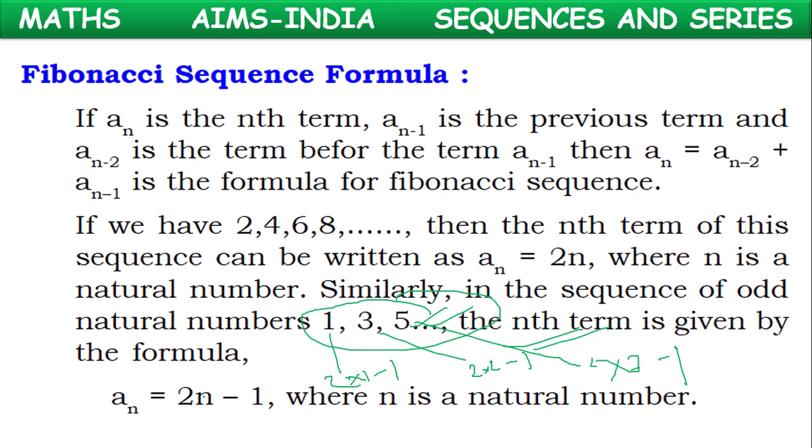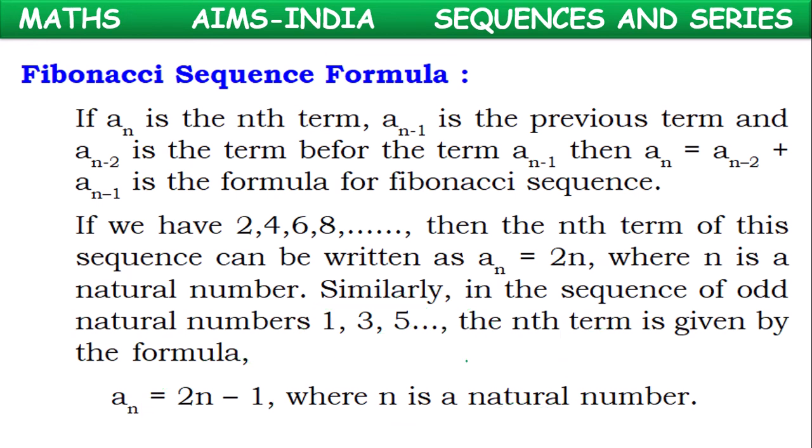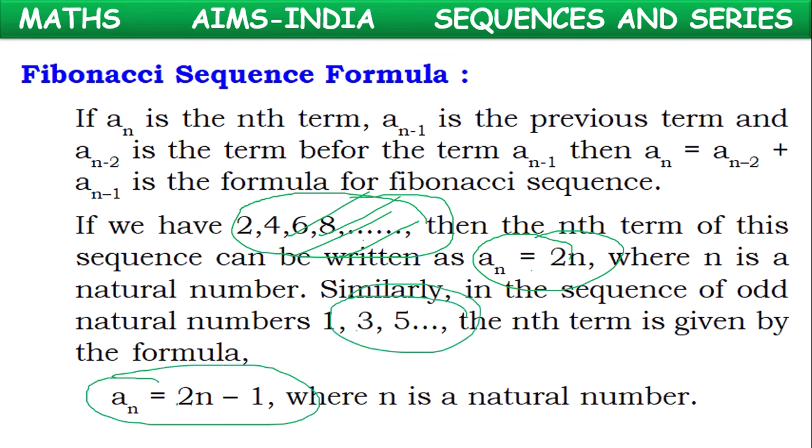So nth term will be given by 2n minus 1, where n is the natural number. So this is an infinite series of even numbers. In this nth term can be written as an equal to 2n. And this is odd number series. In this nth term can be written as an equal to 2n minus 1.